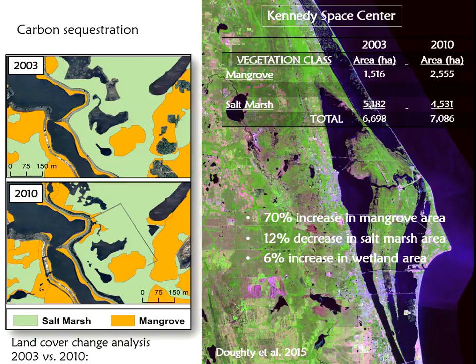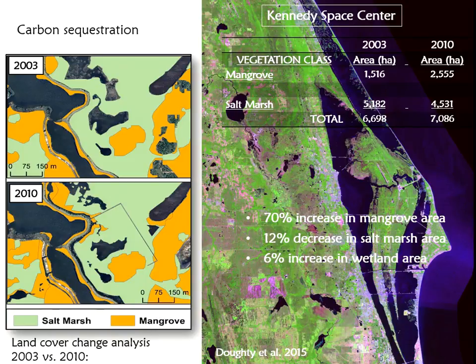Then they came back in 2010 and remapped the same areas. So she was able to take these two maps and look at the change in those 7 years. There was a discernible change going from more salt marsh in 2003 to more mangrove by 2010. And she measured how that affected the carbon storage.